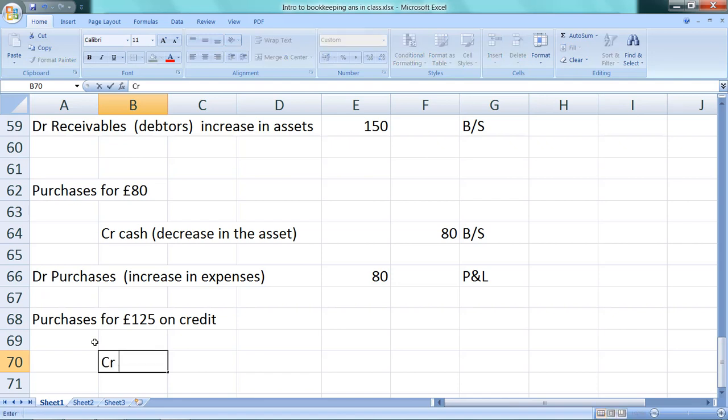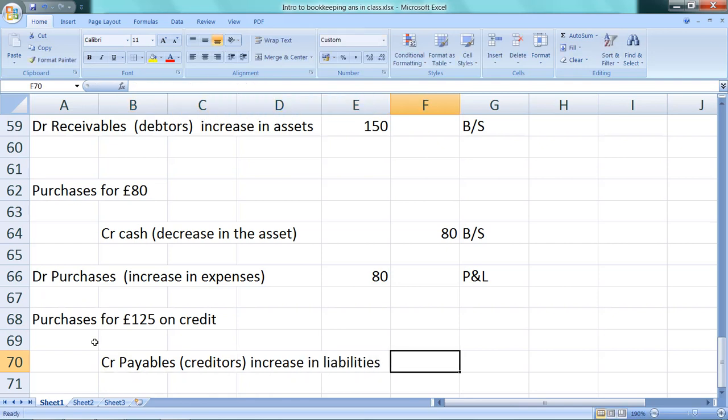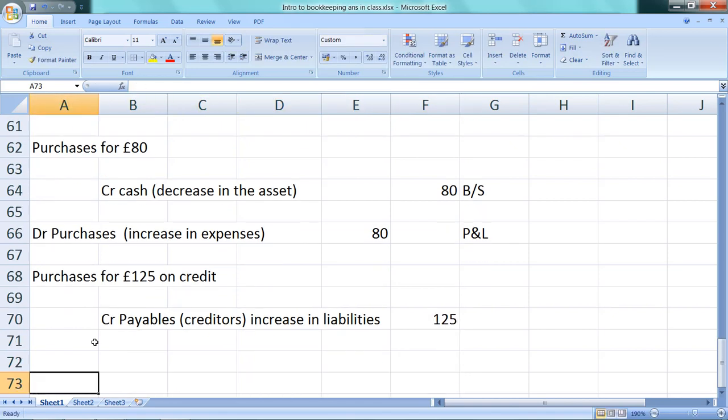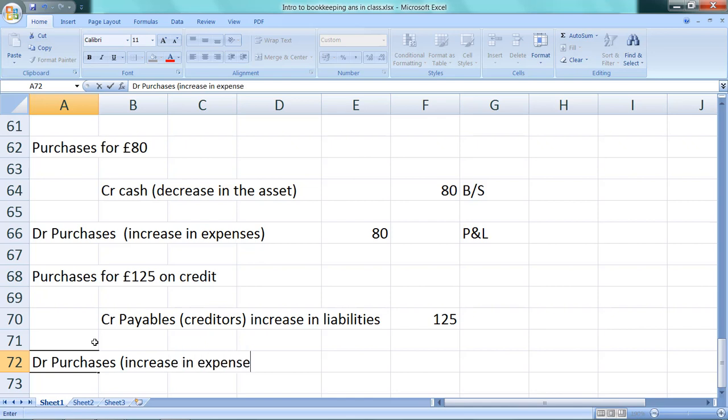What I'm going to do is credit payables, and I'll put a love note here saying these are also known as creditors, and this is an increase in liabilities to the tune of £125. And what I'll then do is debit purchases, which will be an increase in expenses to the tune of £125.